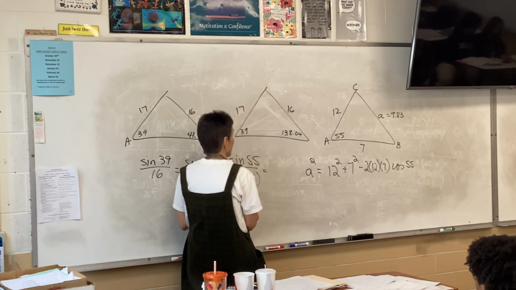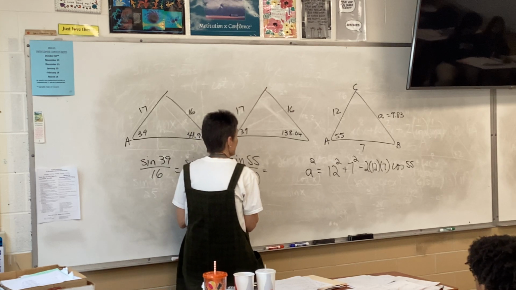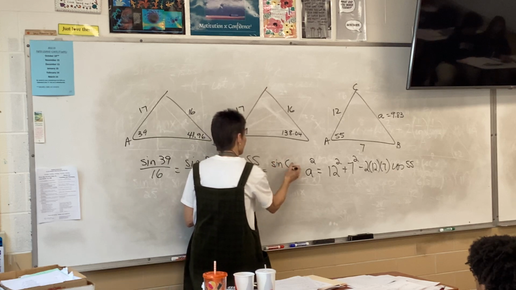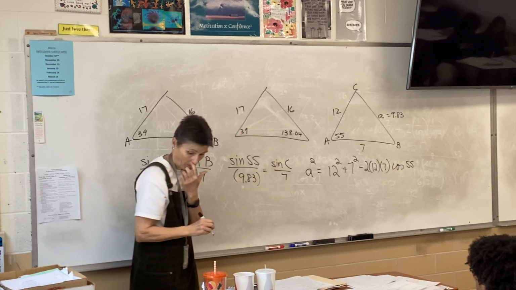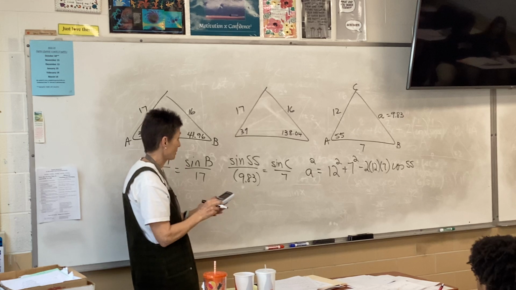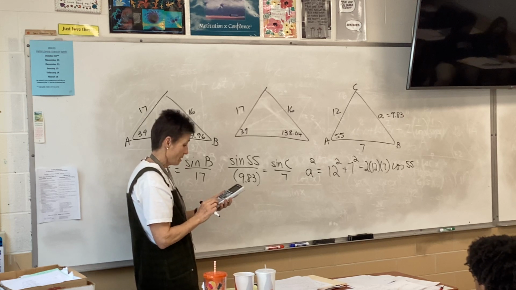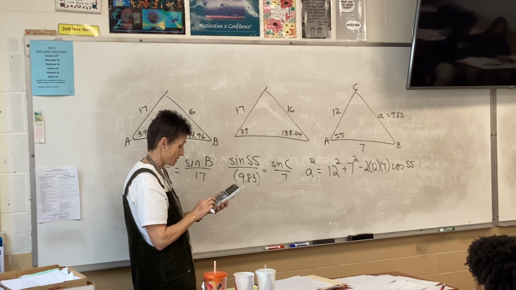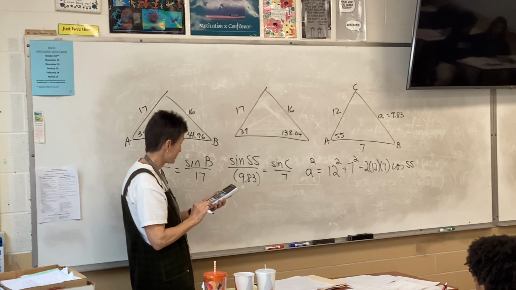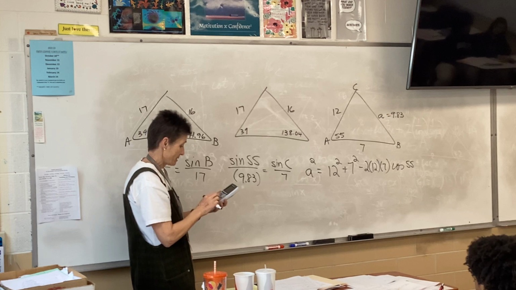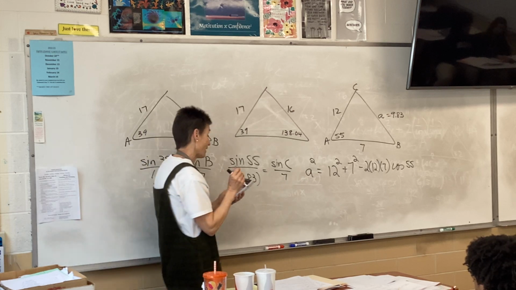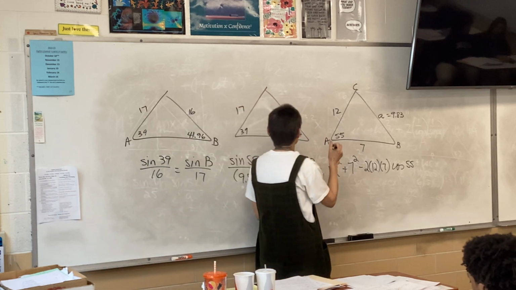So sine 55 over 9.83 equals sine C over 7. So 7 sine 55 divided by 9.83, second sine, I got 35.68.